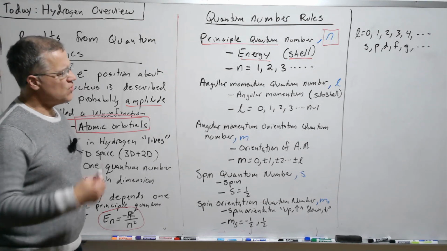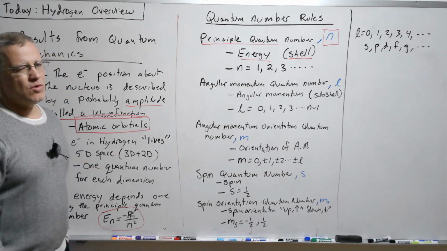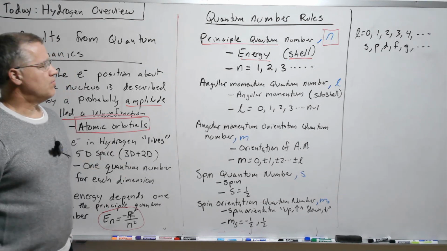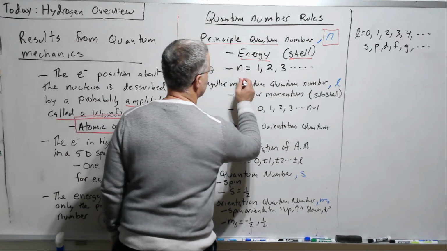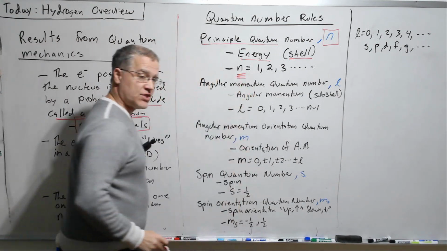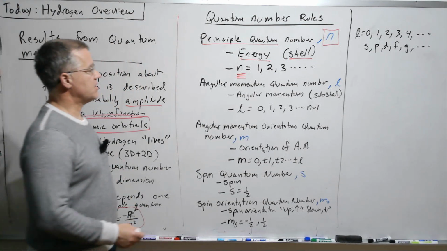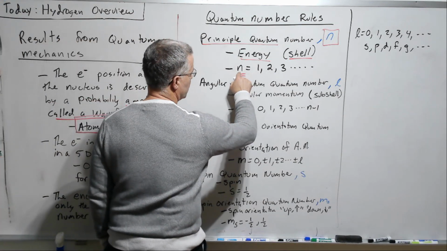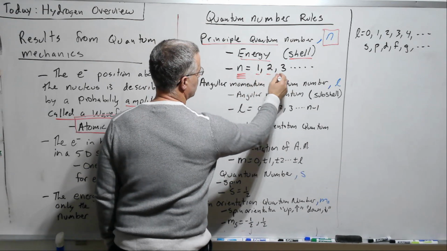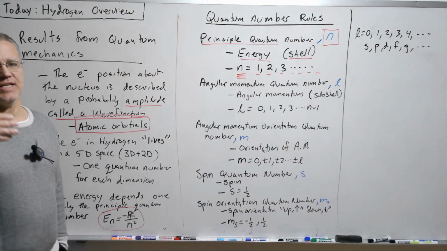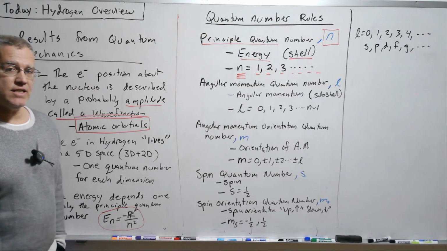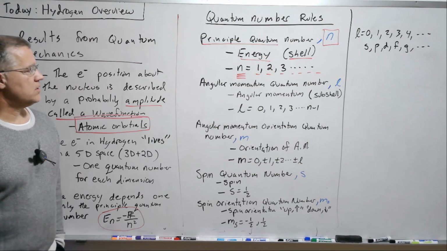And we'll come back to that a little bit later when we talk about elements with more than one electron. The rules, and these just come out of the math of quantum mechanics, are that the value n is allowed to be is 1, 2, 3, etc. So n could take on any of the counting numbers, 1 up to infinity.